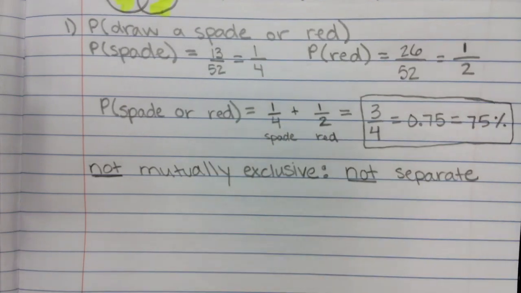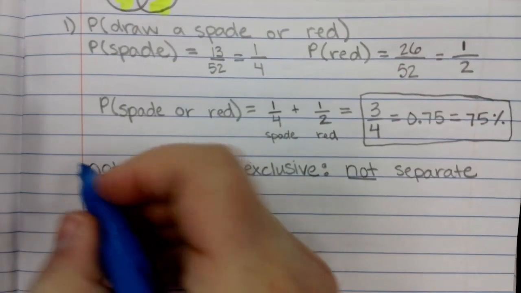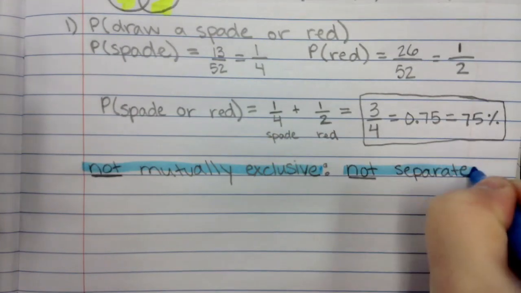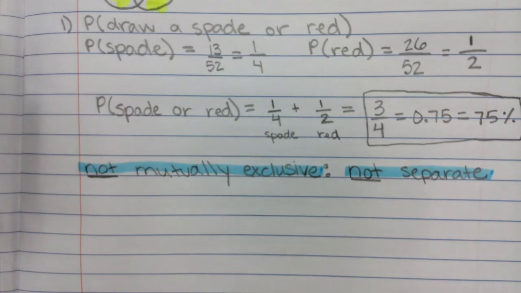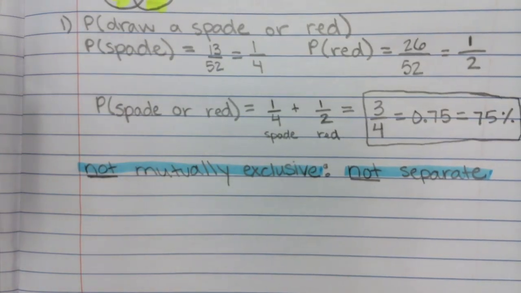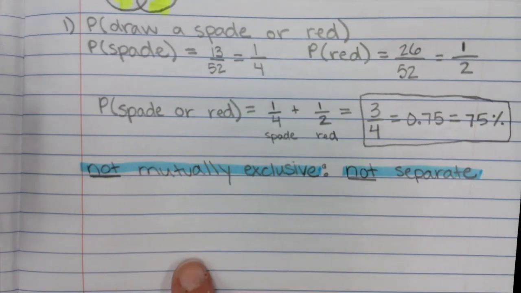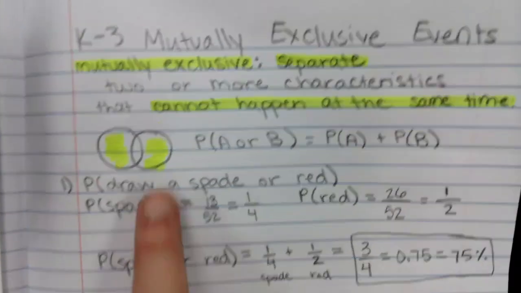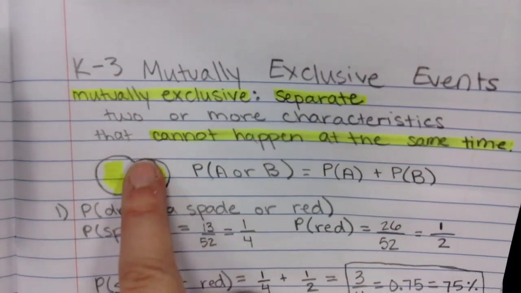So it's kind of like we're doing the opposite. In mutually exclusive, our definition back at the top, mutually exclusive was 2 or more characteristics that cannot happen at the same time. What would be the opposite of 2 things that can't happen at the same time? 2 things that can happen at the same time.